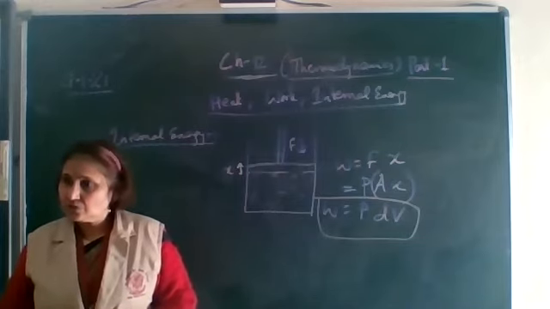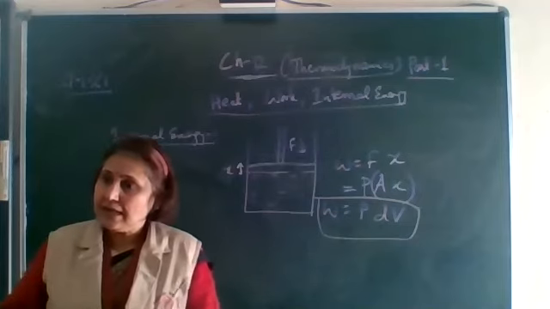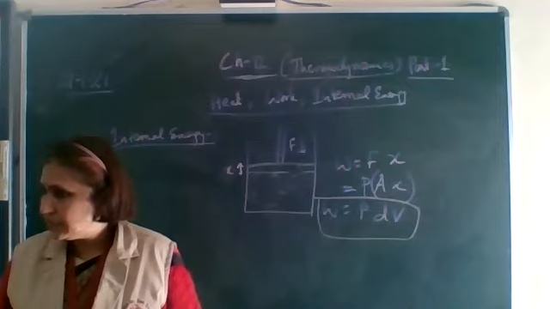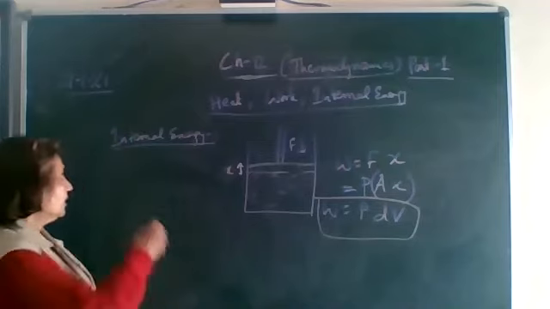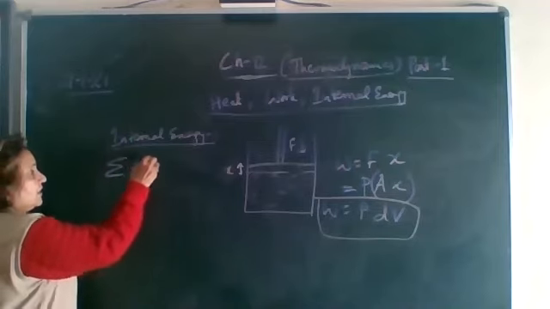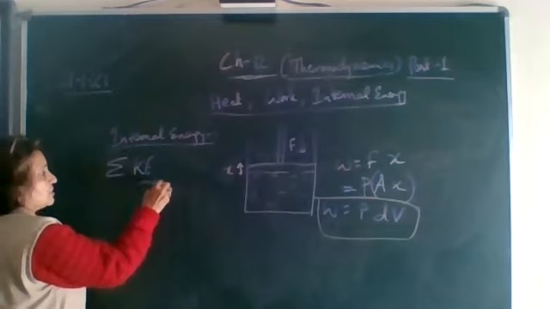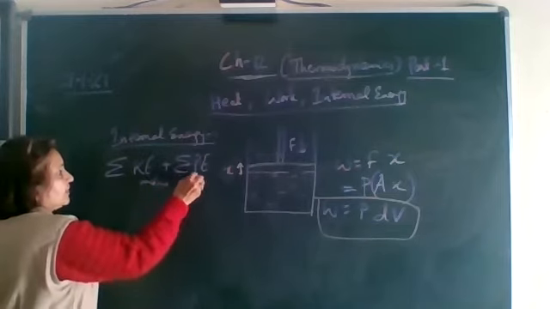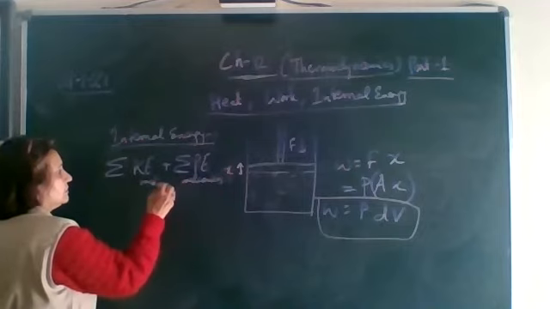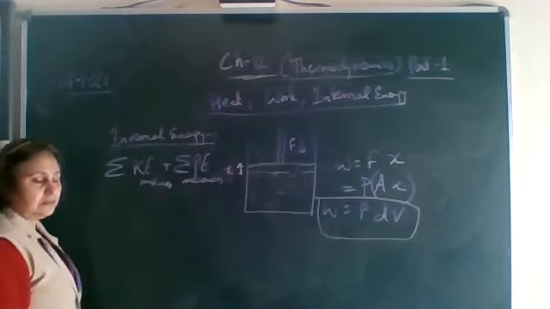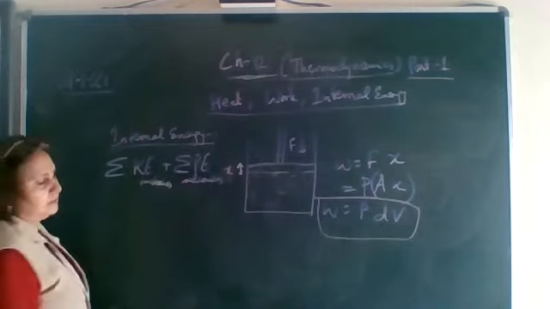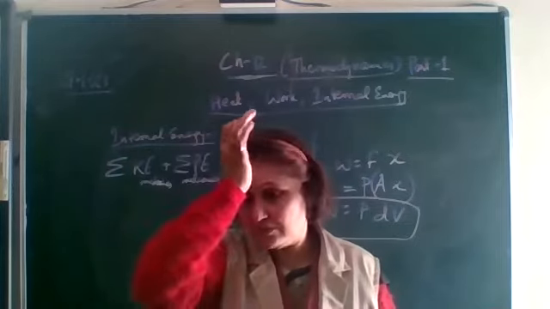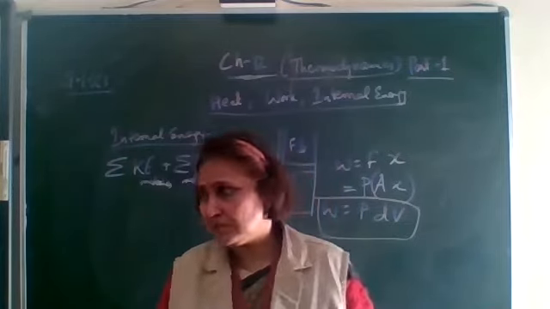So the summation of kinetic and potential energy of the molecules of a system we call the internal energy. Again, summation of kinetic energy and potential energy of the molecules we call internal energy.